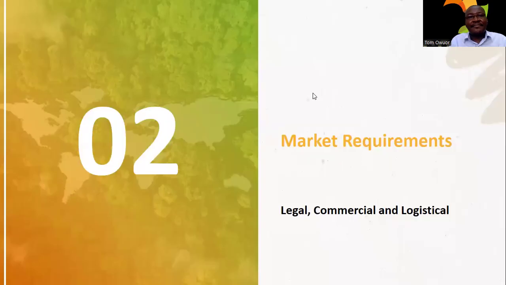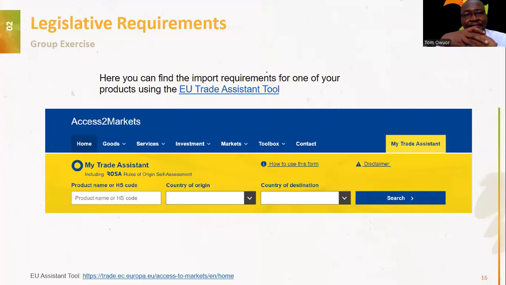Okay, let us then proceed and see how these are structured. So now we will be looking at the market requirements. And in terms of market requirements, we'll be looking at the legal issues, commercial issues, and the logistical issues of getting into these various markets.